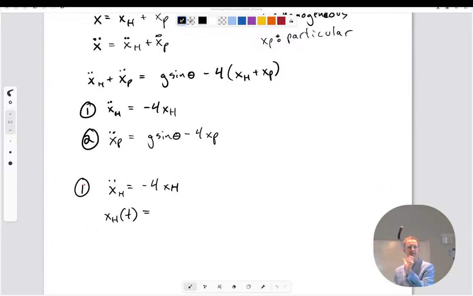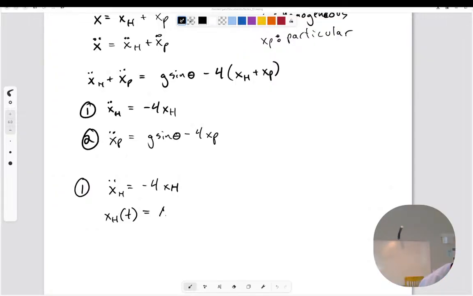Because if you have sine and you take a derivative, you get cosine, take another derivative, you end up with negative sine. And if there's something inside, like a sine of 2t, then you have 2 cosine t, and then negative 4 sine t, which is kind of what we have here, right?